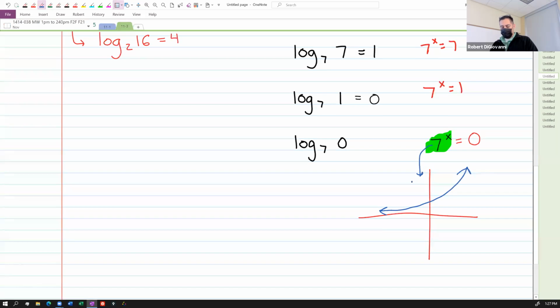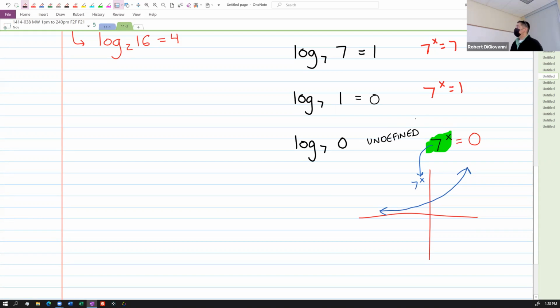If we graph that function, 7 to the x, what we are asking is, when does this hit the x-axis? And if we try that, we're going to get nothing because it never hits the x-axis, which means that this is undefined. There is no answer to that.